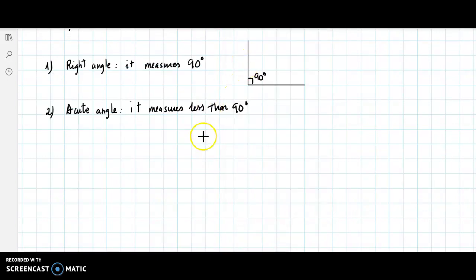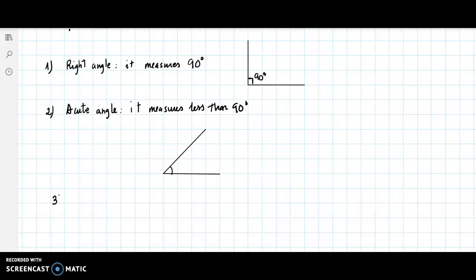So it's something like this. Okay, one line, on the other side of the angle. So this angle is less than 90 degrees.